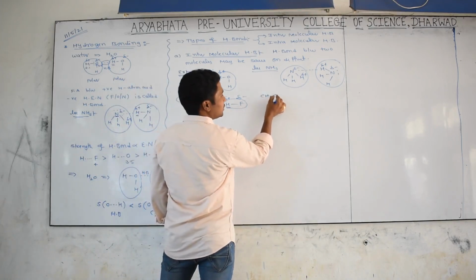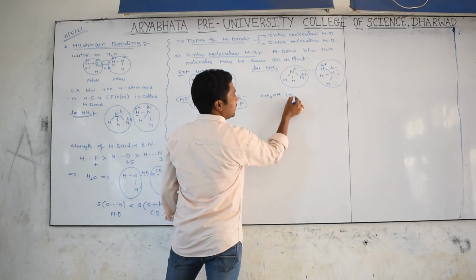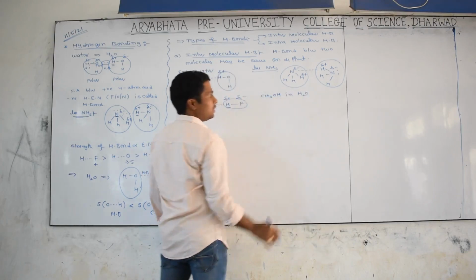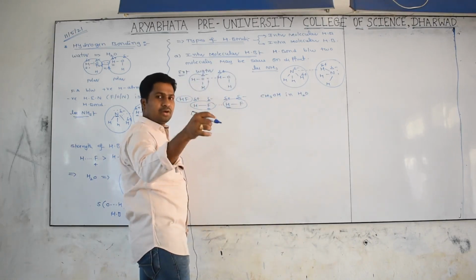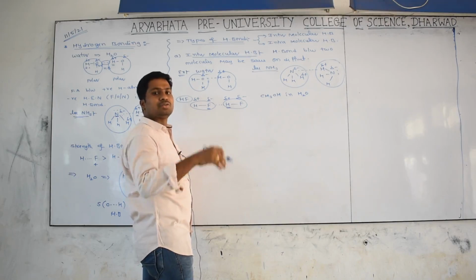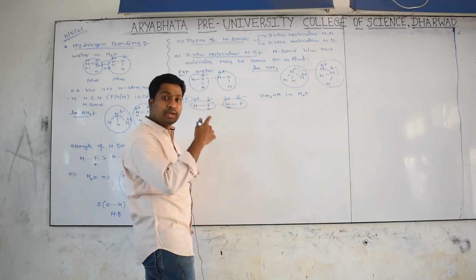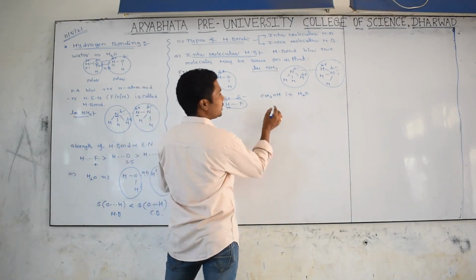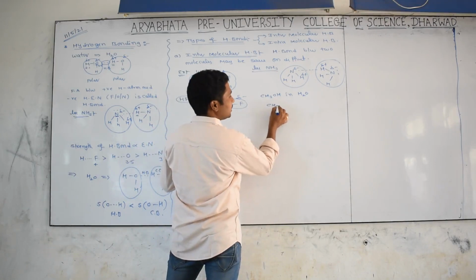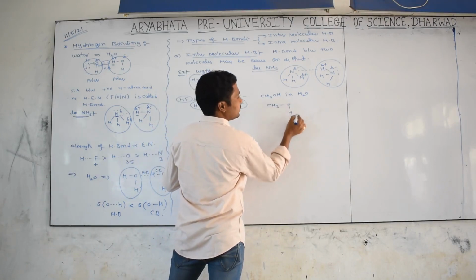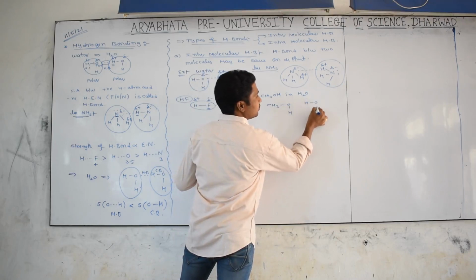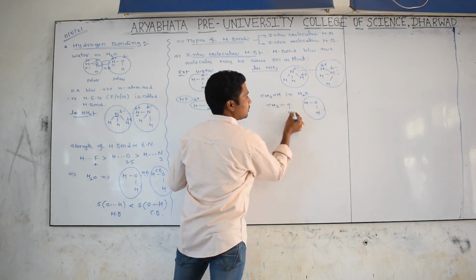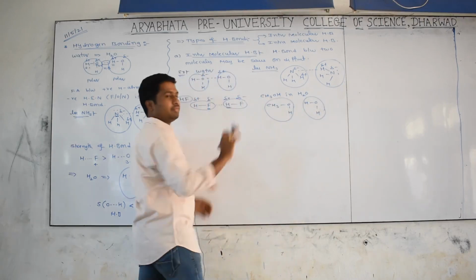Alcohol, CH3OH, in water. Alcohol in water, yes, it is dissolving because of hydrogen bonding. Which hydrogen bonding? Intermolecular hydrogen bonding. That only I am telling here. See, CH3OH, and you know very well H2O will be like this. This is one molecule and this is another molecule. They are different.